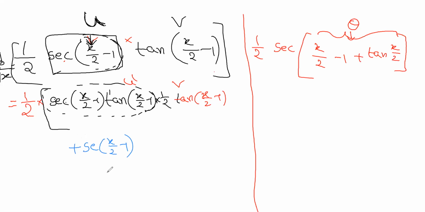Now we have to write v dash. So it's tan x, right? So that's secant square of x by 2 minus 1. This is the differentiation for outside function. Then you have to go for inside and you have to do here also. So it'll be the same thing, 1 by 2 into 1 by 2. That's it. This is the differentiation for the above one.